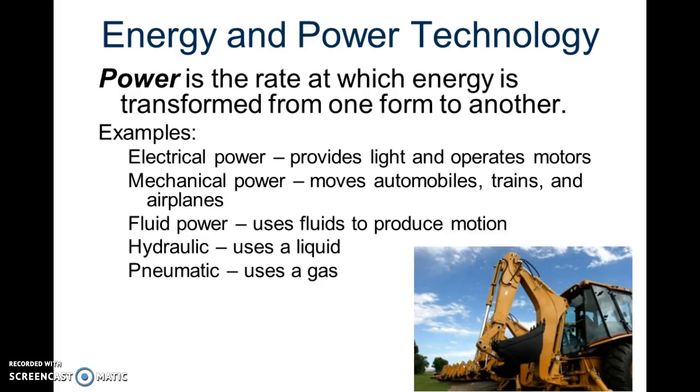Power is the rate at which energy is transformed from one form to another. Electrical power provides light and operates motors. Mechanical power moves automobiles, trains, and airplanes. Fluid power uses fluids to produce motion. Hydraulic uses a liquid. Pneumatic uses a gas.